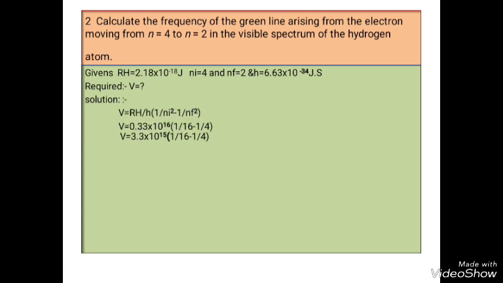Frequency equals 3.3 times 10 to the power of 15. This number is the scientific notation of the above number 0.33 times 10 to the power of 16, in brackets 1 over 16 minus 1 over 4.